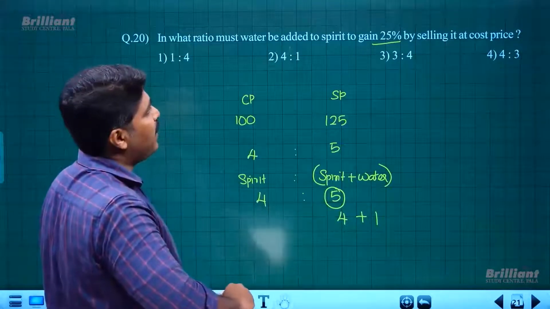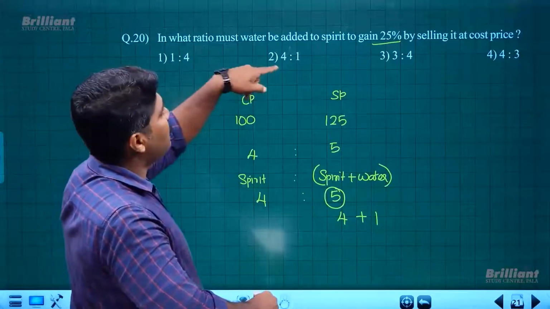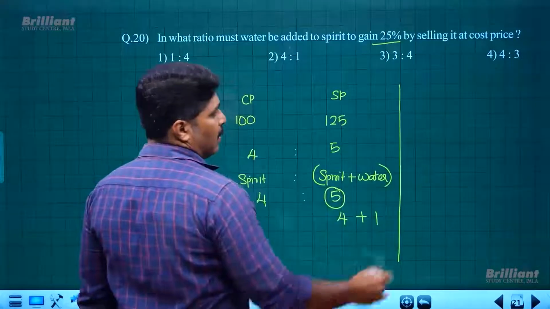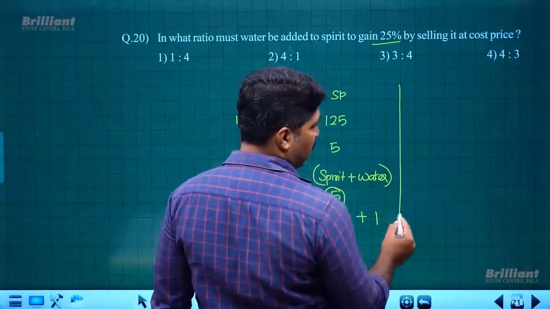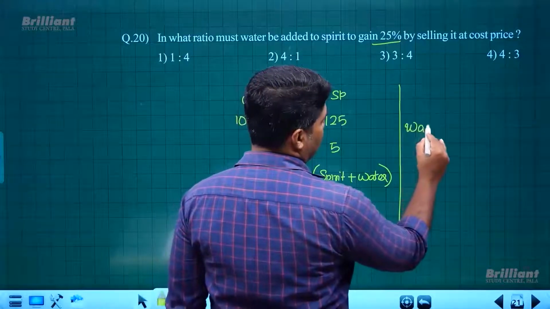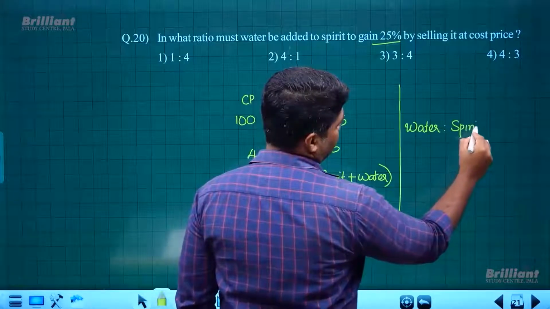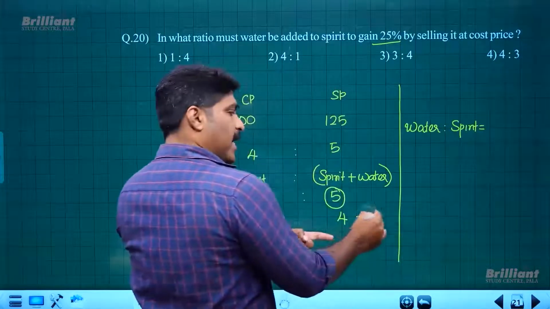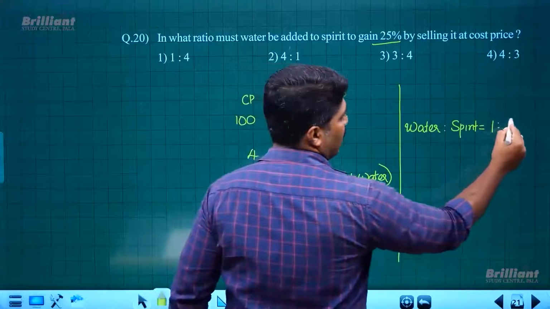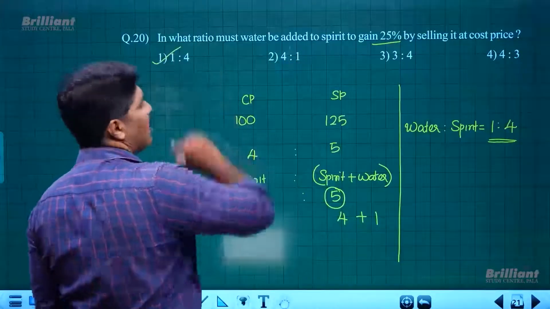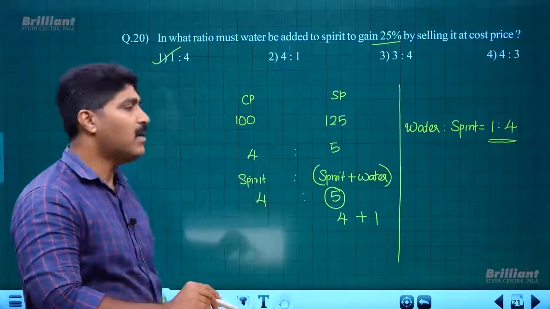So what do we have to find out? In what ratio must water be added to spirit? So we are adding an additional 1 liter of water into 4 liters of spirit. So therefore, the answer is 1:4. Got it? That is water is to spirit.